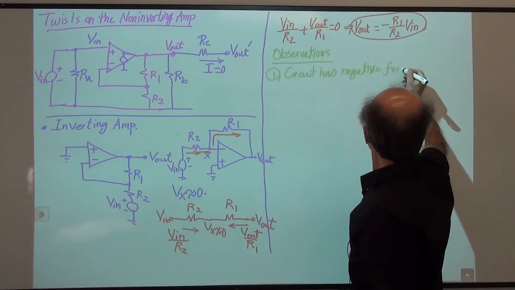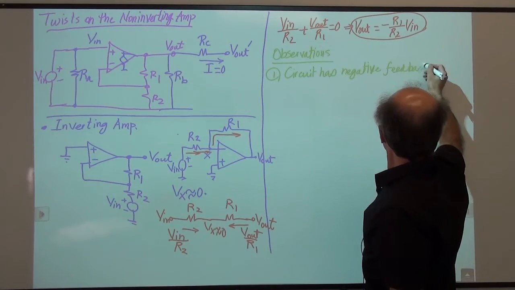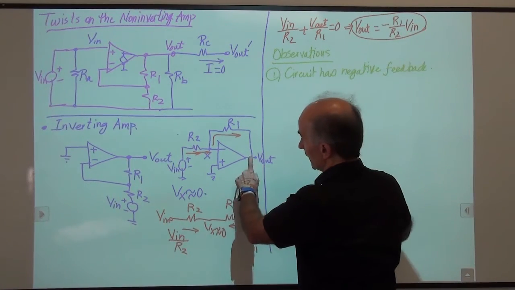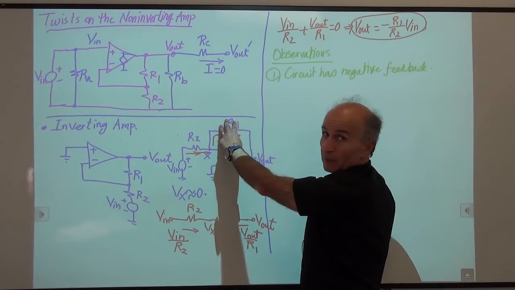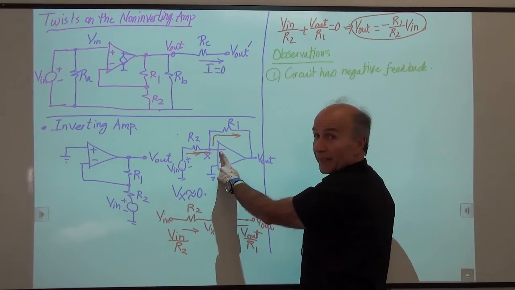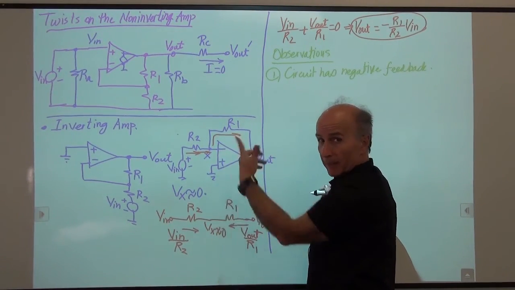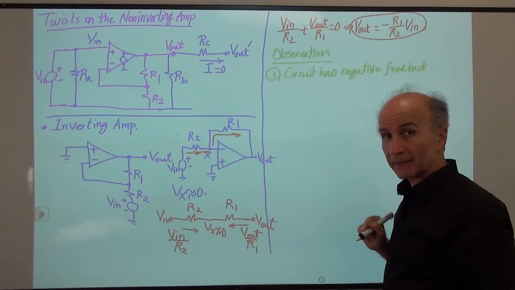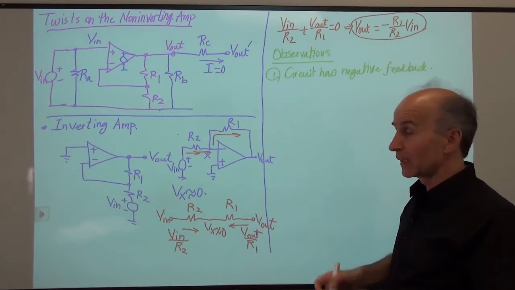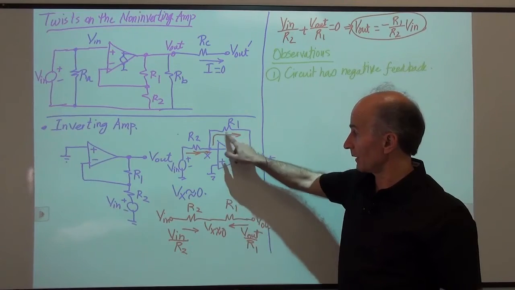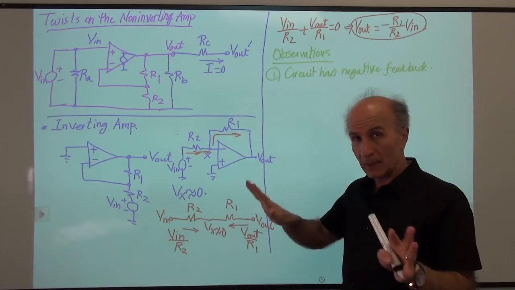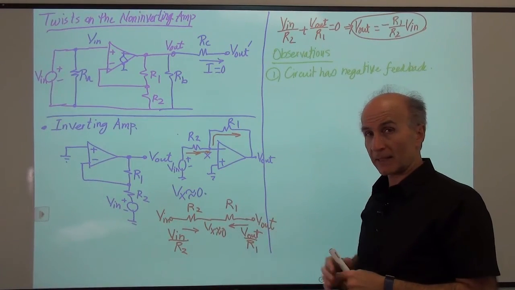How do I know that? Well, I see that I have taken the output signal and I run it through some blob and I returned it to the inverting input of the op-amp, and that's why we call it negative feedback. All right, that's essential. We cannot swap these two. If this comes back to the positive input, the circuit will not operate as expected.